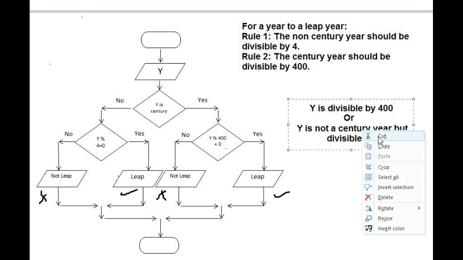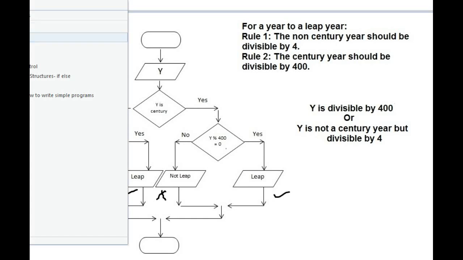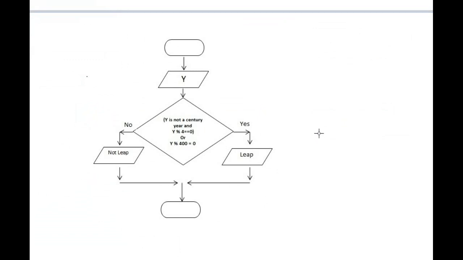So now how to write it in a program's context. Let me show you another flowchart which is very similar to it. Now here you can see the structure is simplified. It is not at all a nested if-else structure. It is in the form of a big condition, which is not a single statement based condition, rather it is multiple conditions together.